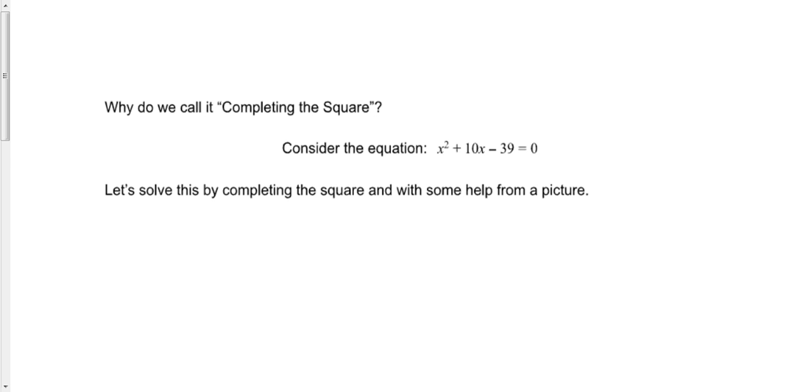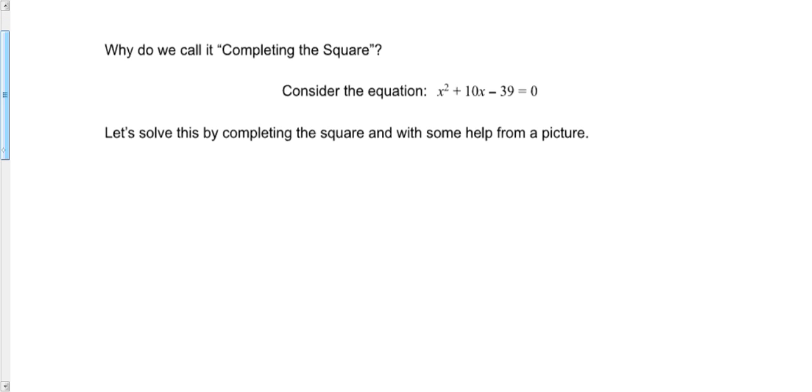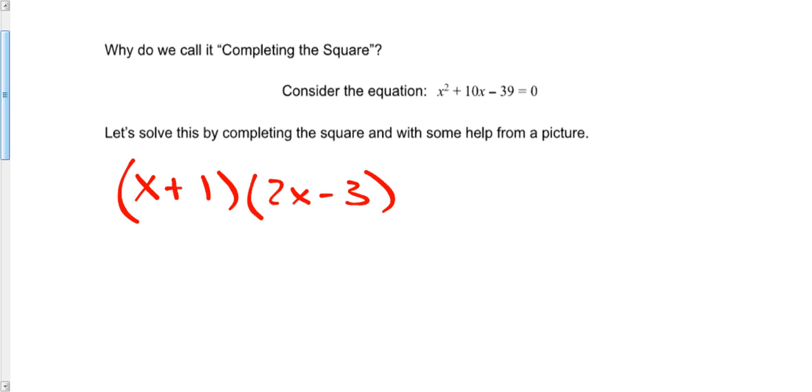Why do we call it completing the square? Maybe. How do we multiply polynomials? If I do x plus 1 times 2x minus 3, how do I multiply that?